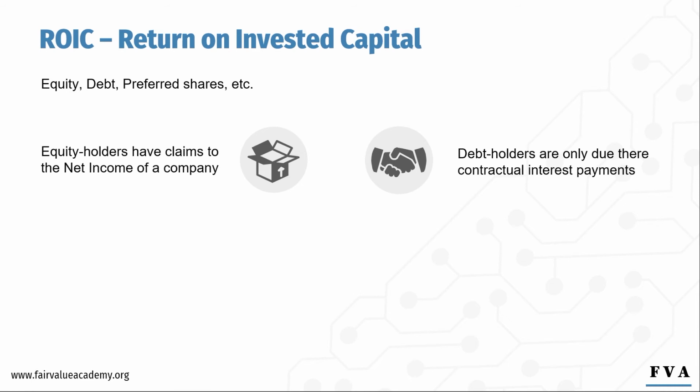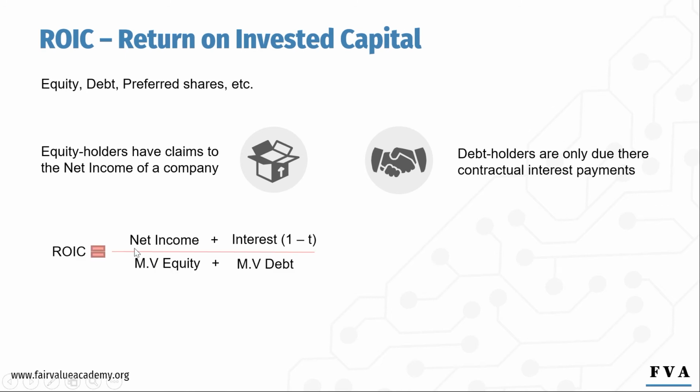So we can construct the ROIC formula as follows. Net income is due to equity holders, and remember we always use market value of equity when calculating returns and multiples. And interest is due to the debt holder. But remember we said interest is tax deductible, so the true cost of the debt to the company is actually lower.